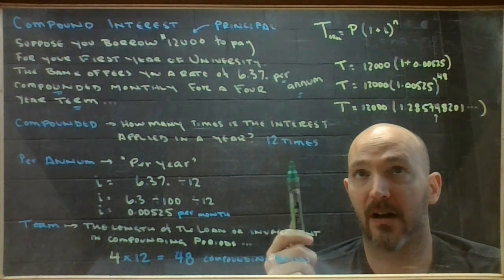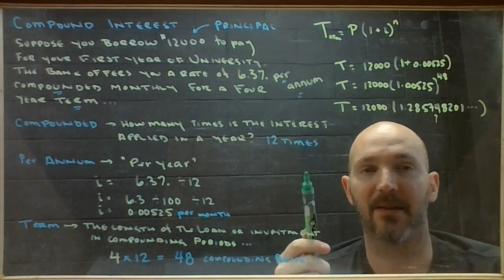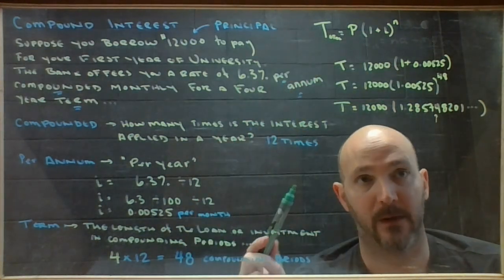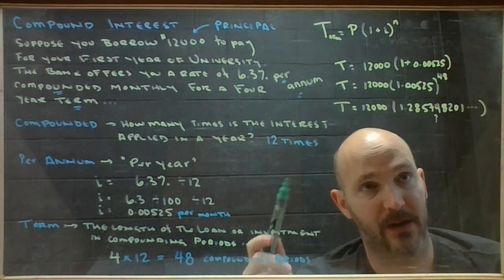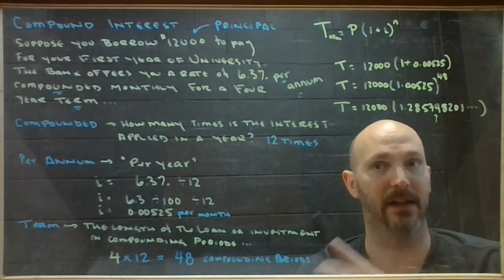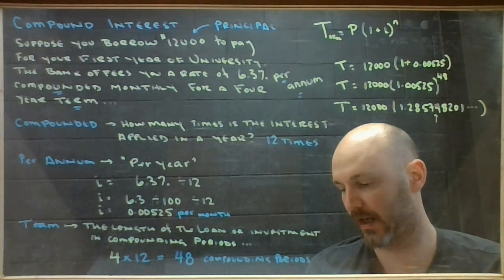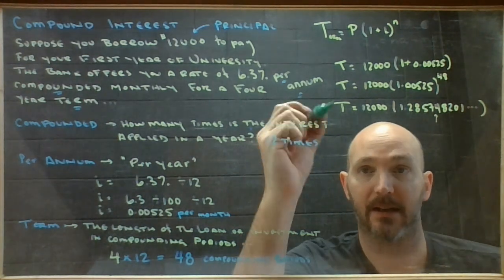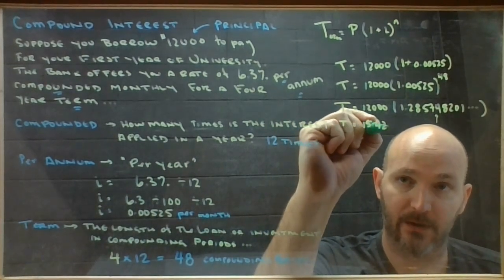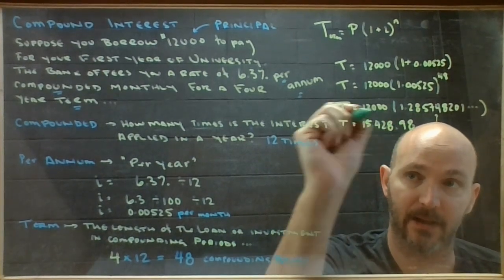So because this is in the context of money, and you need to keep everything up to 1/10 of a cent to be accurate, you can't round this. So you park that all into your calculator, you get this obnoxious decimal, and you just hold it on the screen there and type times 12,000, and it will give you an unrounded answer. So I end up with $15,428.98.